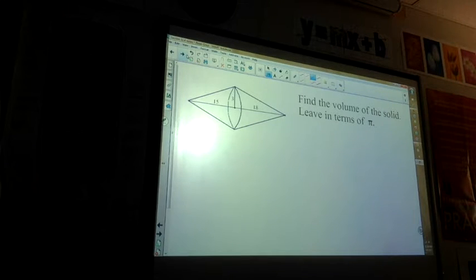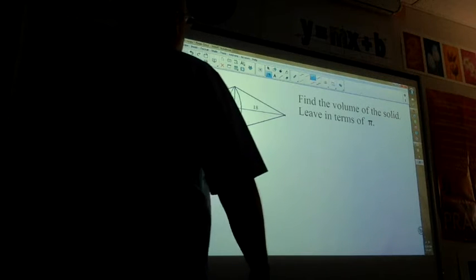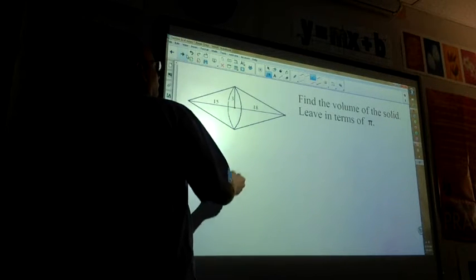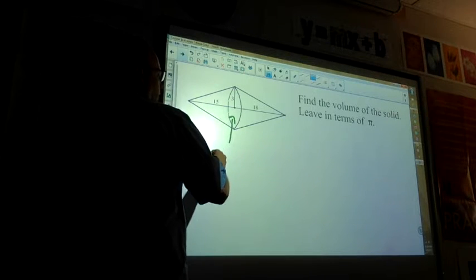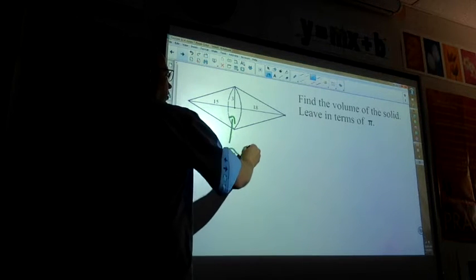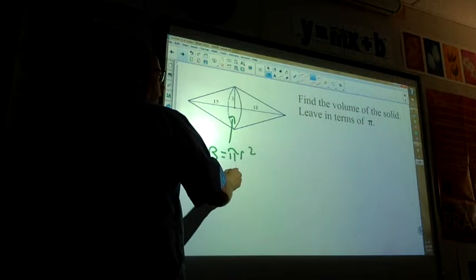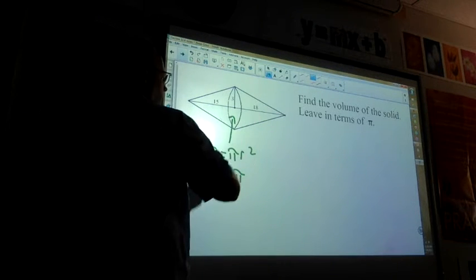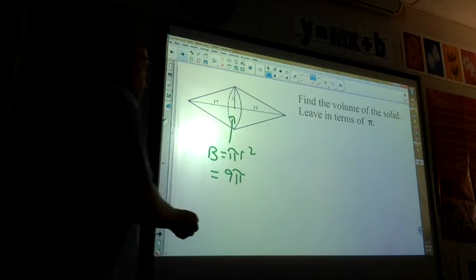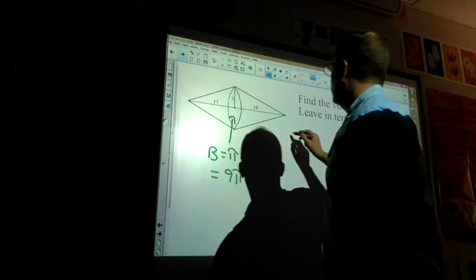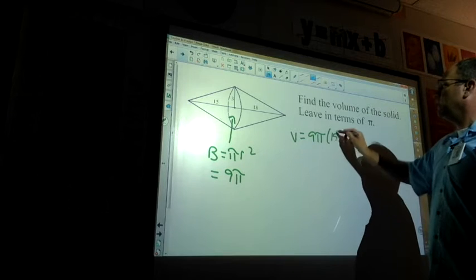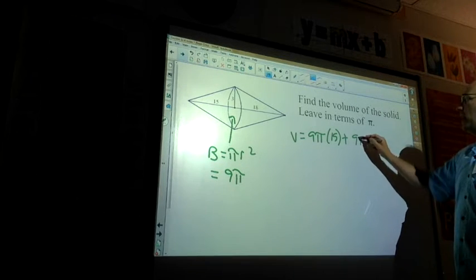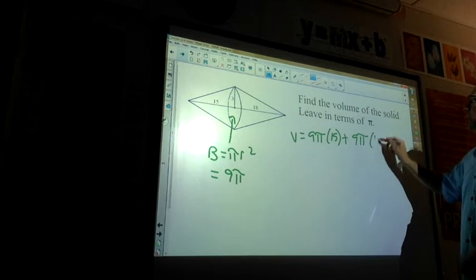Find the volume of the solid. Leave it in terms of pi. What is the area of the base? It's pi r squared, yes? So that's 9 pi. It says leave in terms of pi, so we're not going to do anything different. So volume is equal to 9 pi times 15 plus 9 pi times 18.